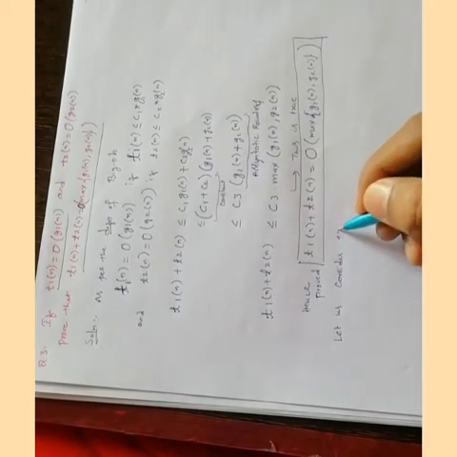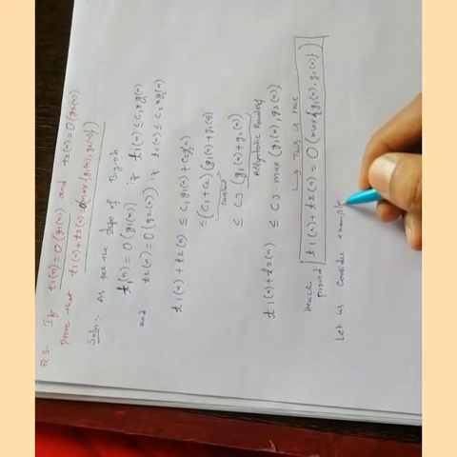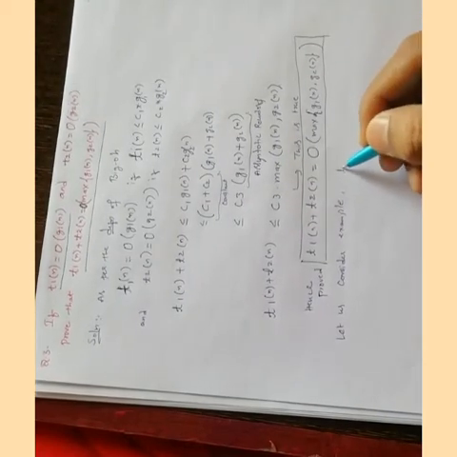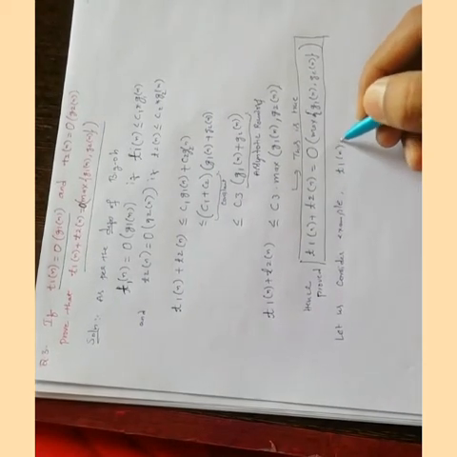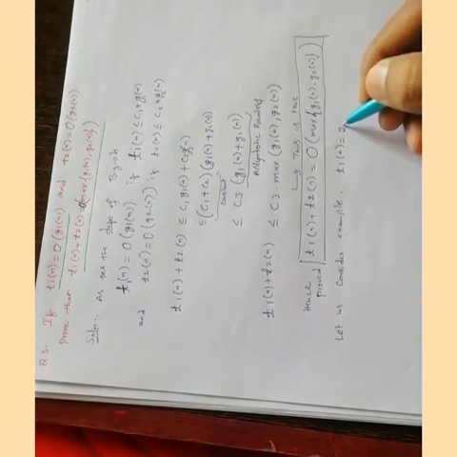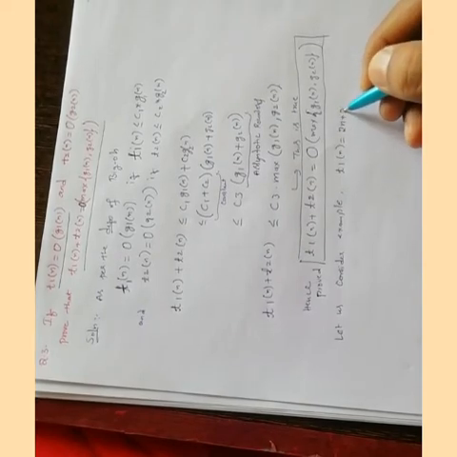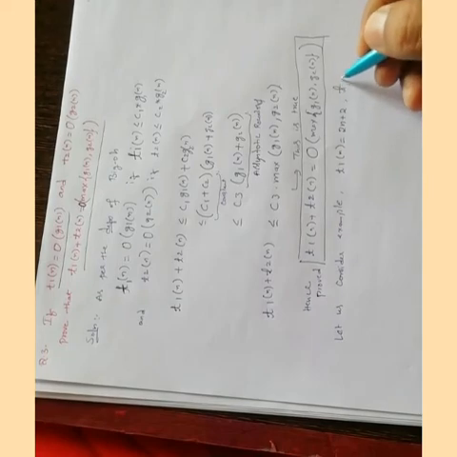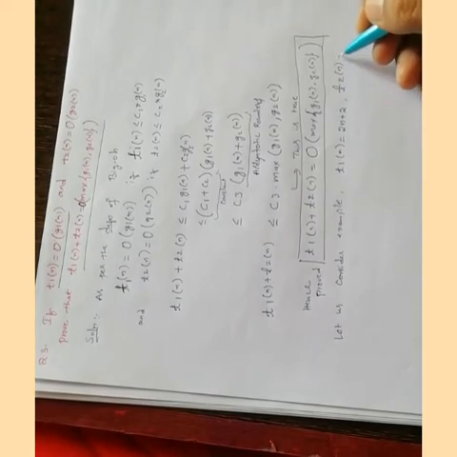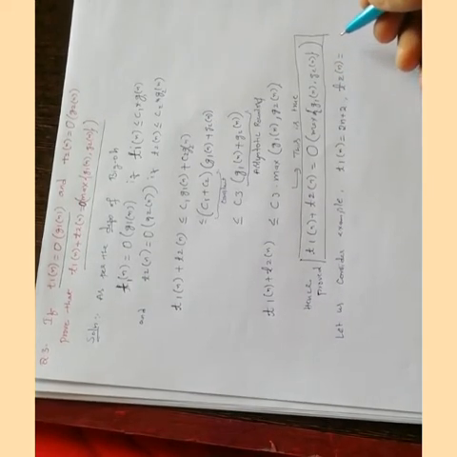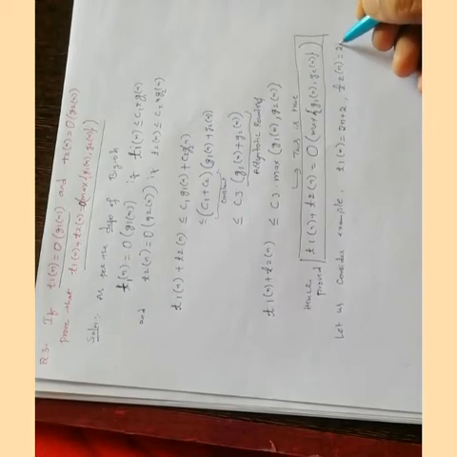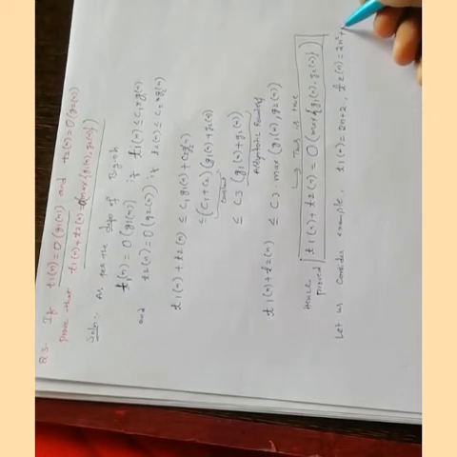Let us consider an example. T1 of n is equal to 2n plus 2. T2 of n is equal to, for example, 2n square plus n.